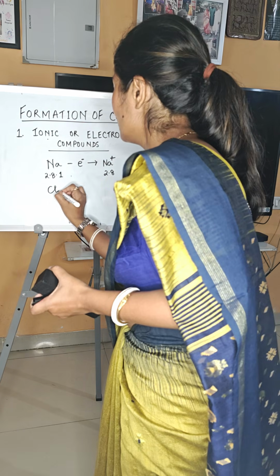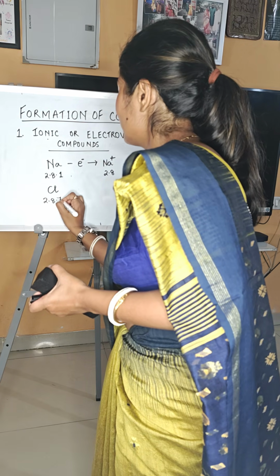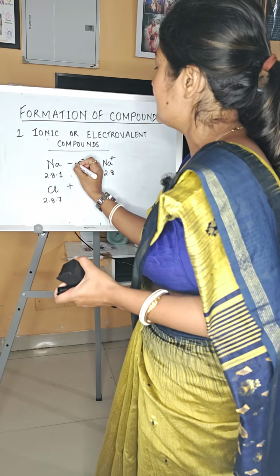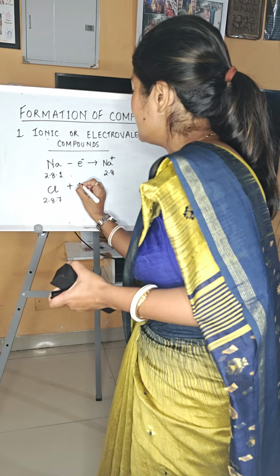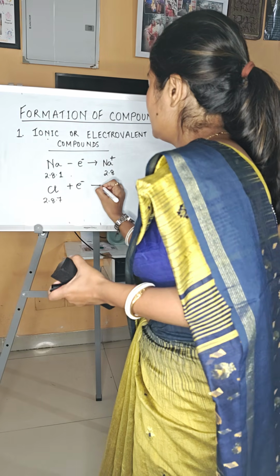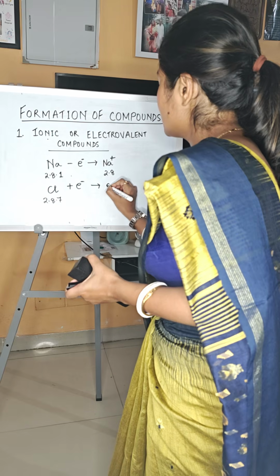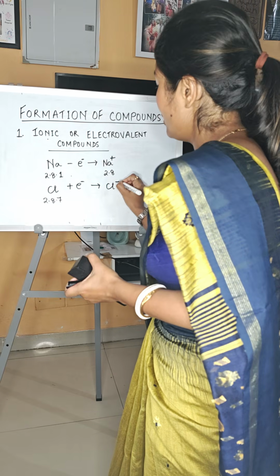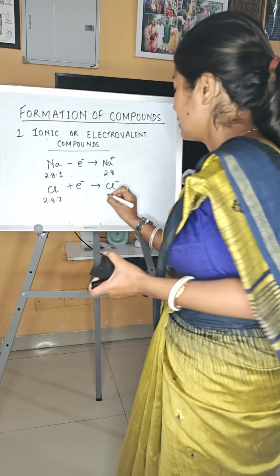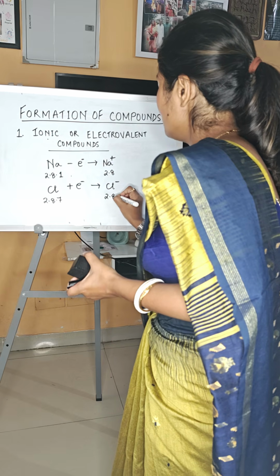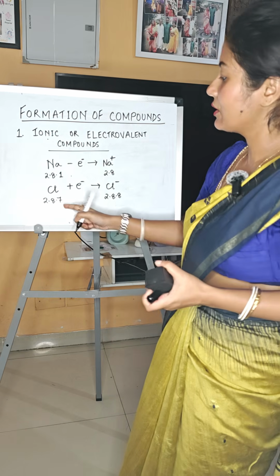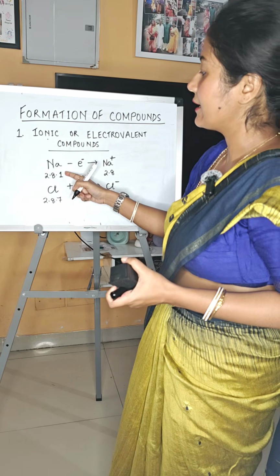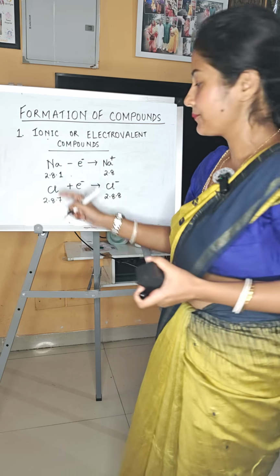Now, chlorine, whose configuration is 2, 8, 7, will accept this electron which is donated by sodium. It has accepted this electron and it has formed this anion or negatively charged species, and its configuration is now 2, 8, 8. Why? Because it has accepted the electron that sodium has donated.